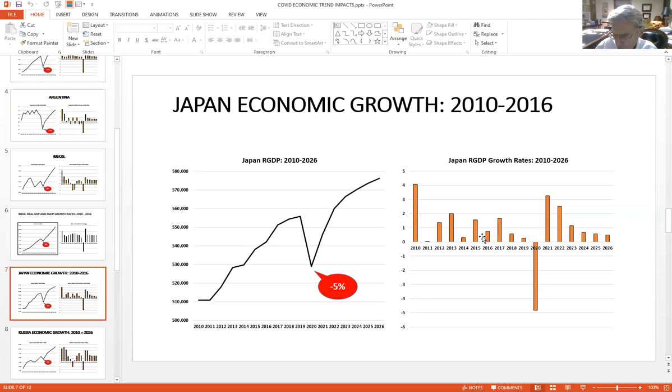So compared to growth rates of 0.75% or 0.5%, or this one's 0.33%, a drop of 5% is a big drop. And that's why this chart looks so dramatic. You can see that here in 2022, Japan will not have achieved the level that it was at in 2019.